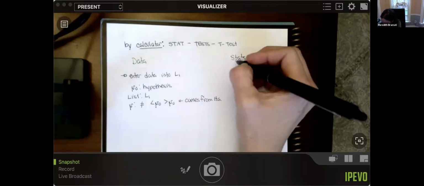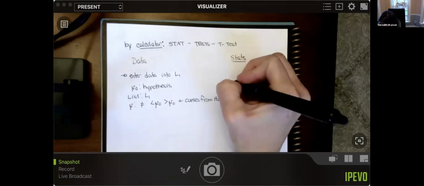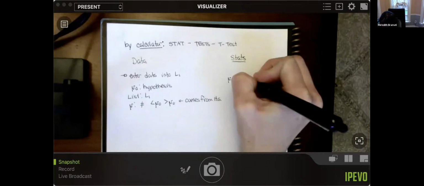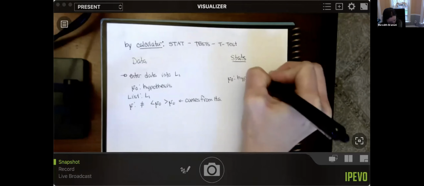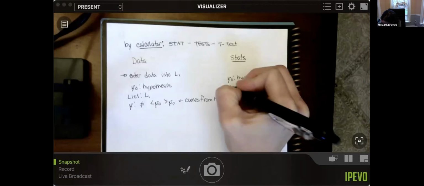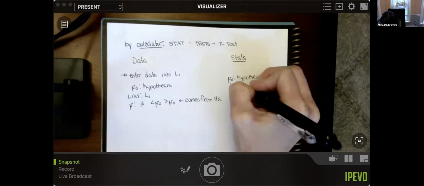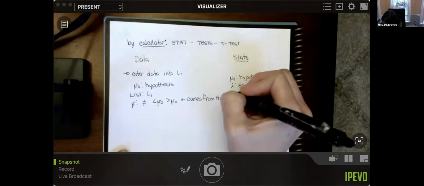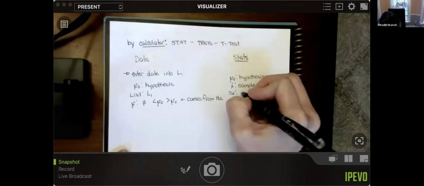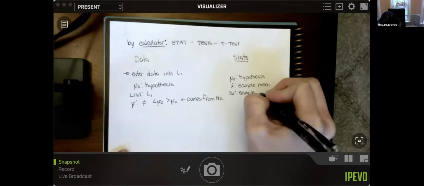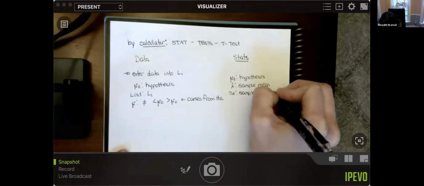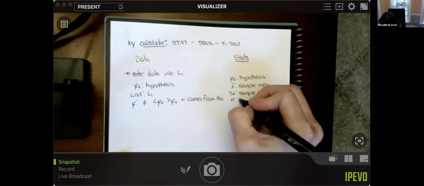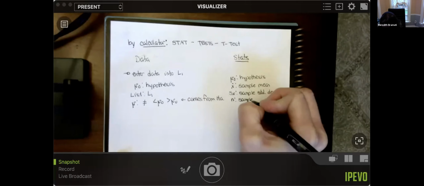On the other side, if you have stats, you have a mu naught, which again is from the hypothesis. You have a sample mean. You have an SX, which is sample standard deviation. You have an N, which is sample size.